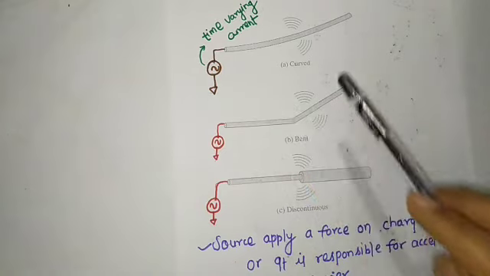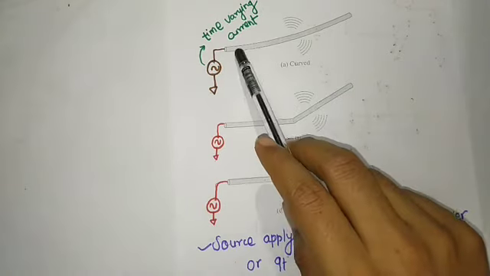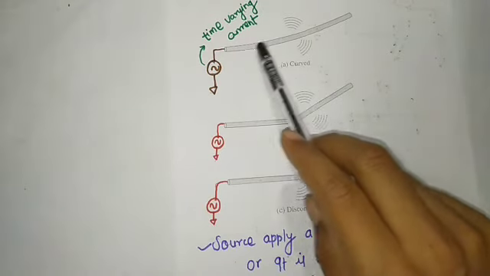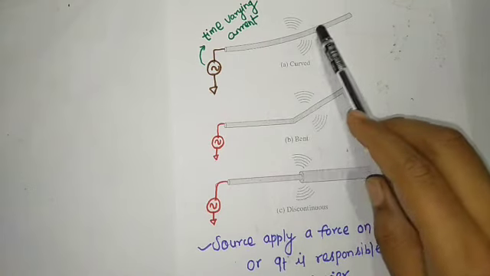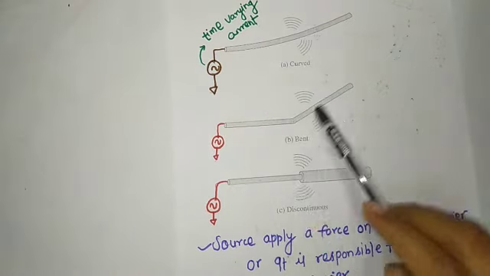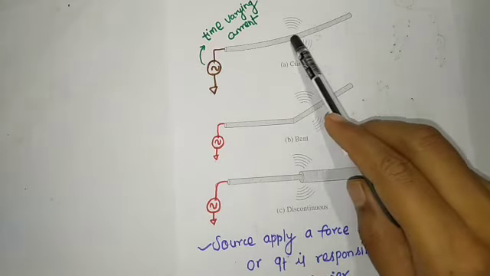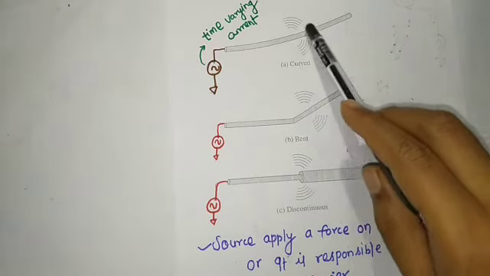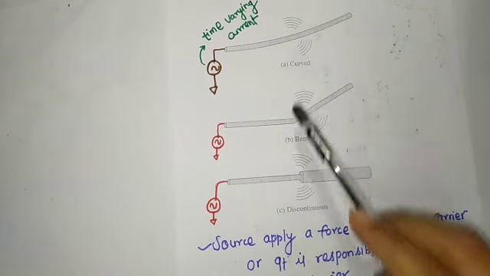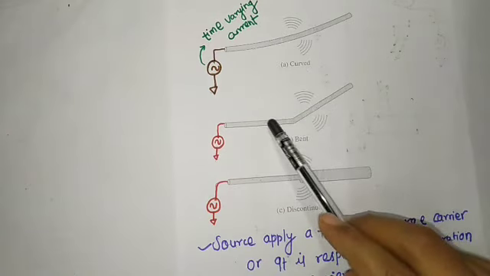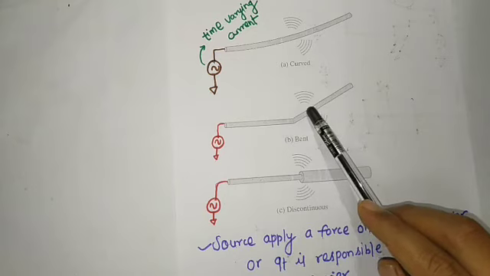Let's see another aspect. Suppose a charge carrier is moving in this conductor, and there is a curve, a bend, or a discontinuity. At a curve, the charged particle will definitely change its velocity. At a bend, it will again change its velocity.